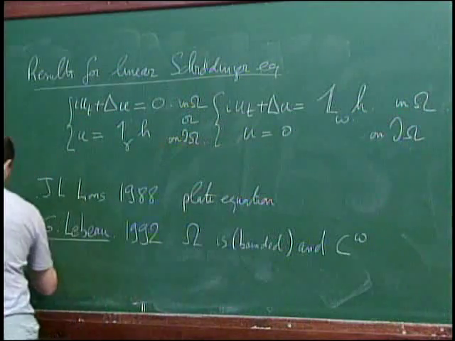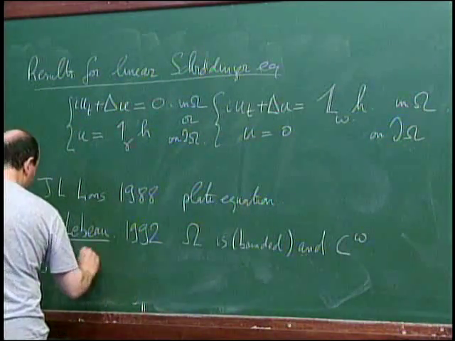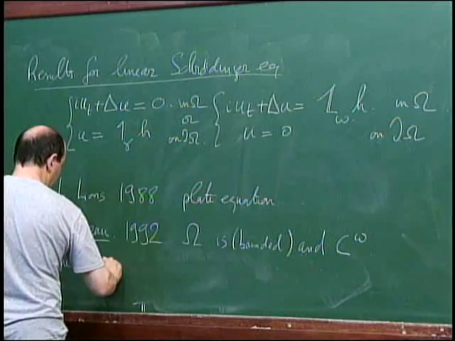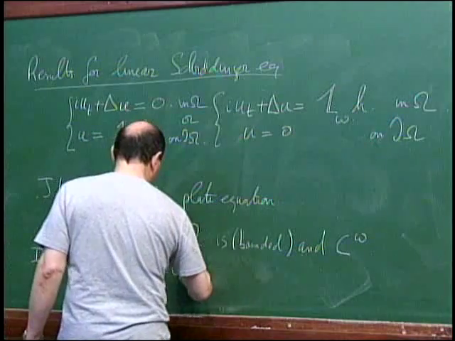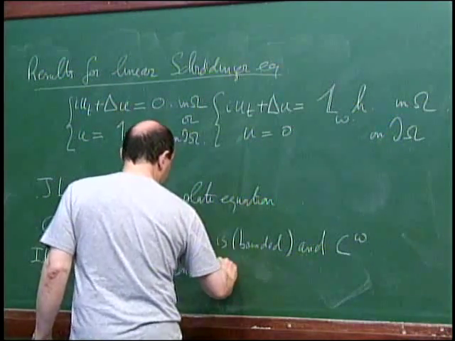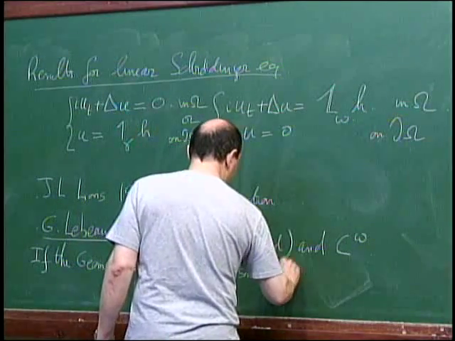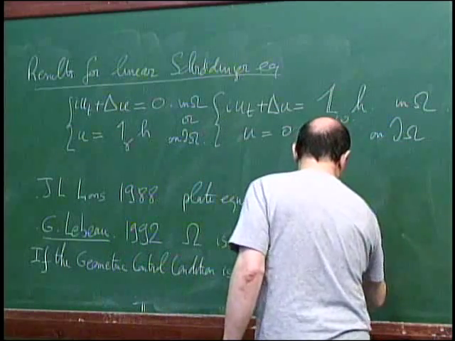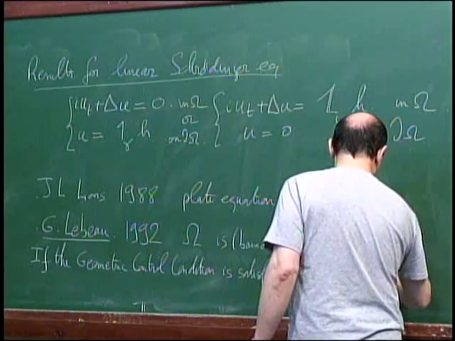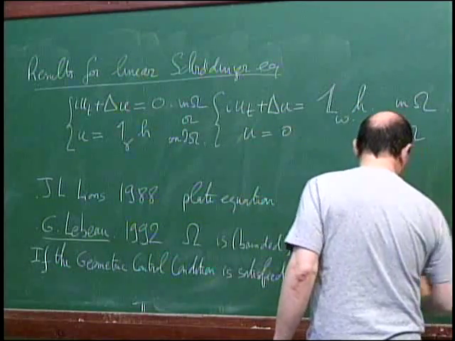So the result was: if the geometric control condition is satisfied, then the Schrödinger equation is controllable.